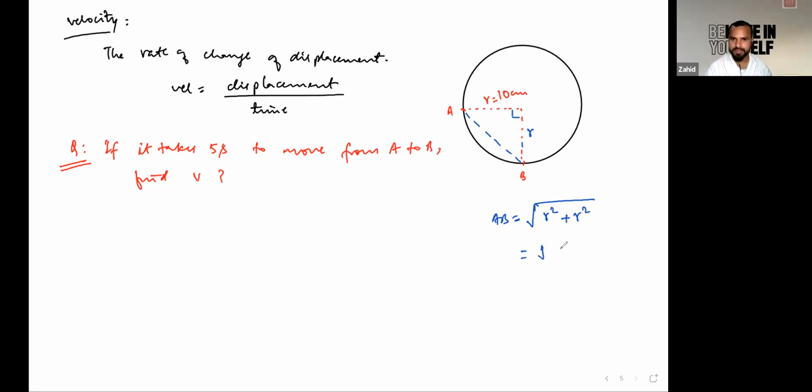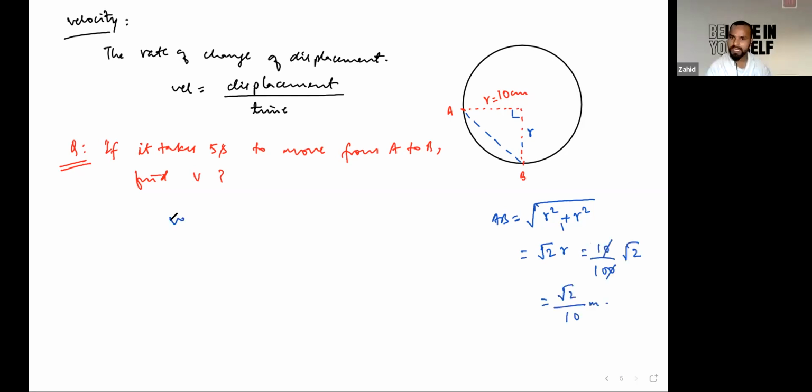On solving, you will get root 2 times r. As r is just 10 centimeters, convert it to meter: 10 divided by 100 times root 2. This 0 and this 0 would cancel out. So you get root 2 divided by 10 meter as displacement from A to B.